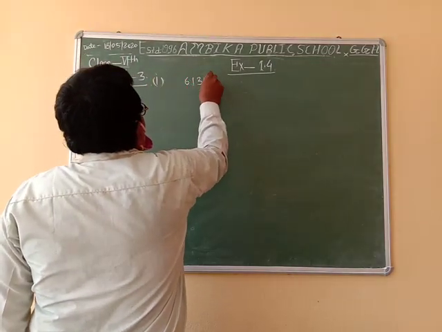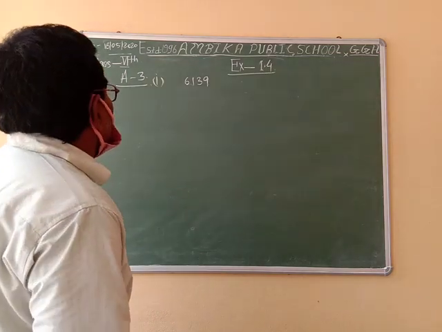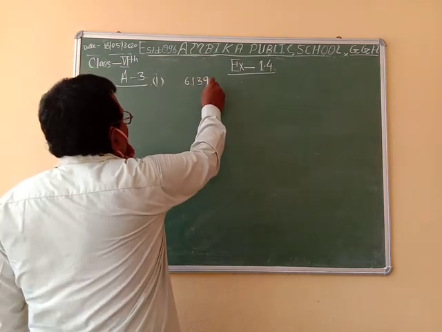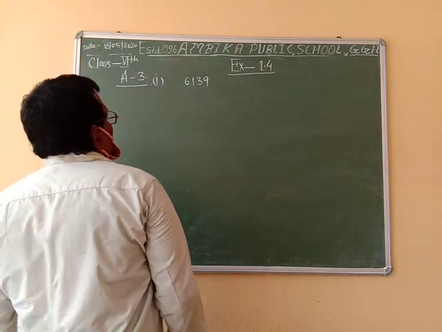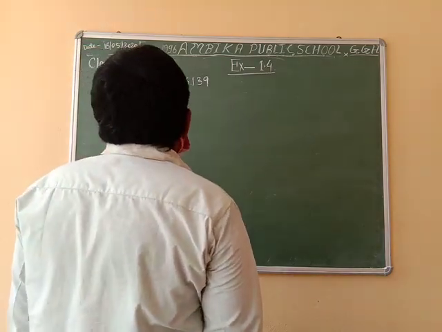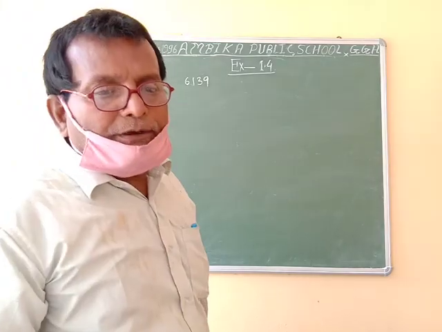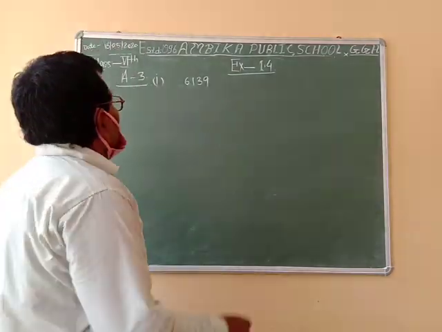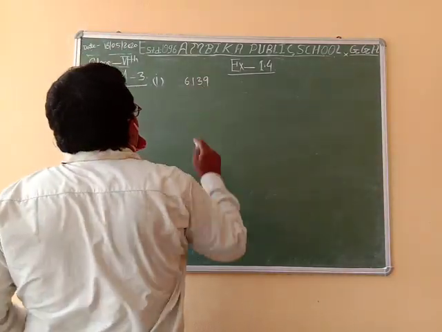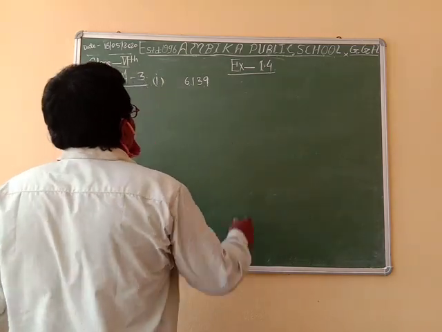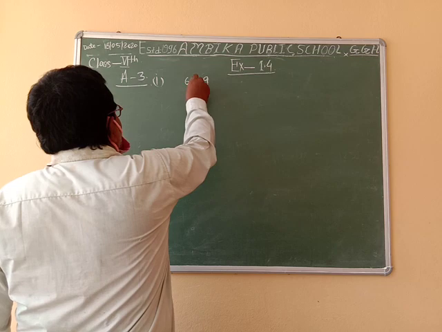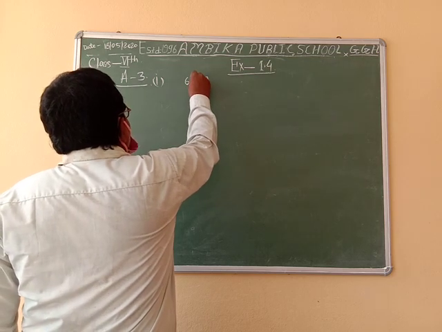We have to round off the number to the nearest thousand. To change to the thousand place, we see that the hundreds digit is less than 5.